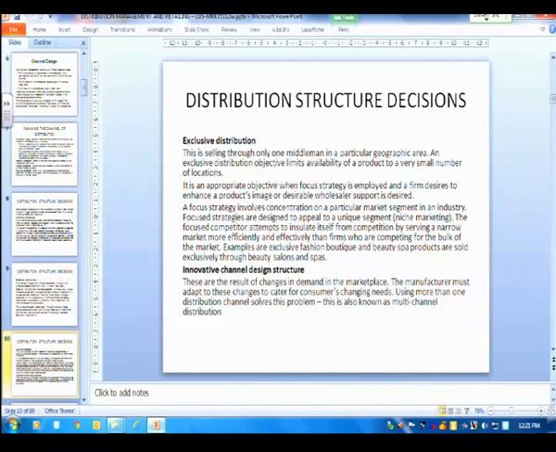Examples are exclusive fashion boutiques and beauty spa products that are sold exclusively through beauty salons and spas.